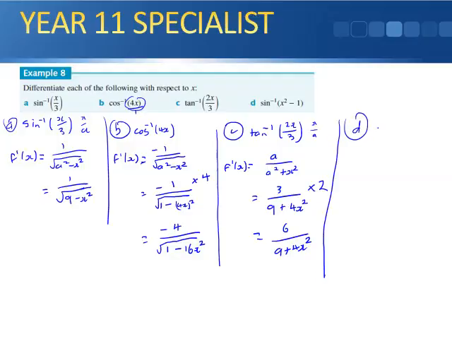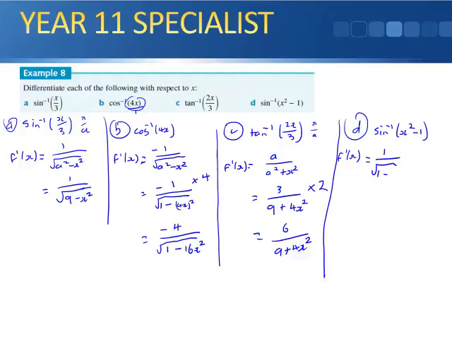D, sine to the negative 1 of x squared minus 1. So we've got to be careful here. f dash of x. The rule is already in part A, so I won't rewrite it. But I've got my 1 divided by the square root. My a is 1.